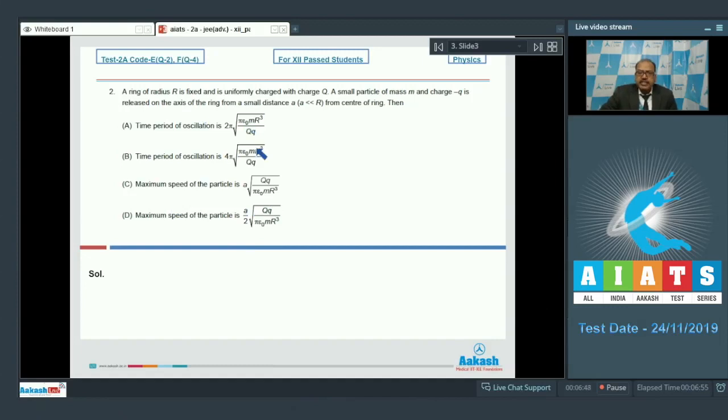We can see that the question is based on the concepts of electrostatics and oscillations. So let's find the expression for the restoring force that will be acting on the particle. Okay, so we have this ring here, and let's assume that at an instant distance from the center of the ring is x. The charge here is minus q. The ring has charge plus Q uniformly distributed.